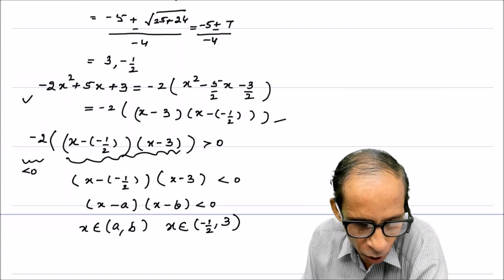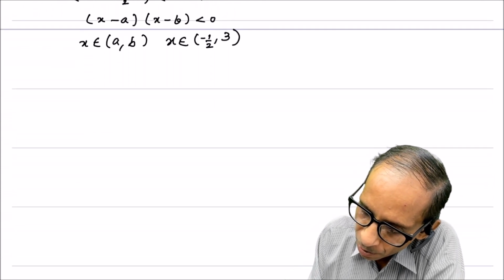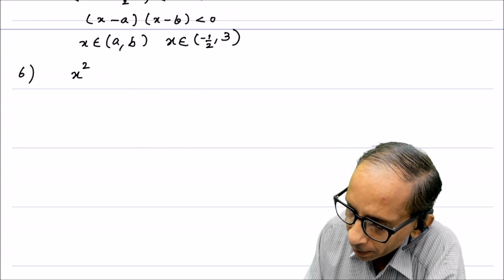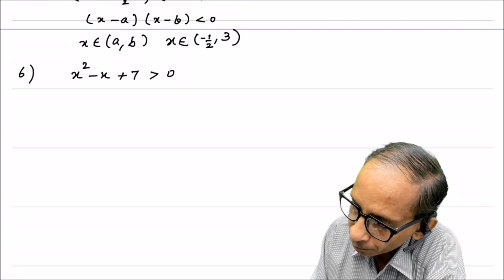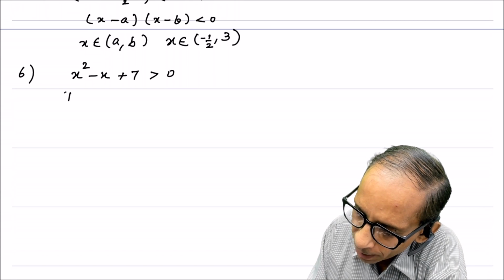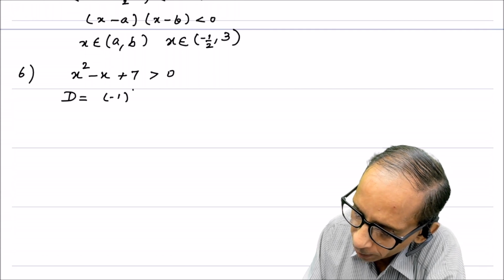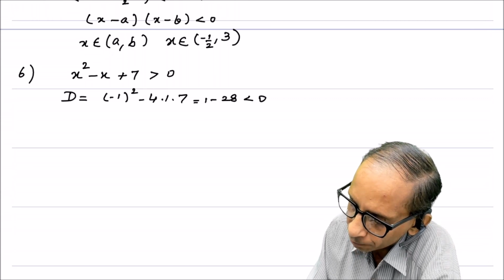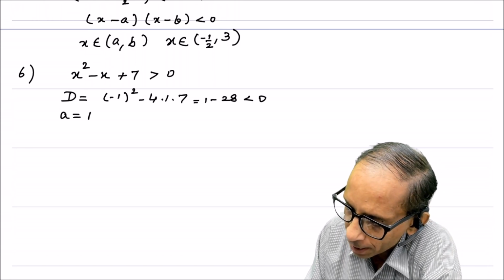We take up one more situation out here. It is question number 6. Suppose the question before us was x square minus x plus 7 greater than 0. What we notice at the outset is that the discriminant, b square minus 4ac, that is 1 minus 28, is less than 0. And what we notice is that a, which is the coefficient of x square, is 1.